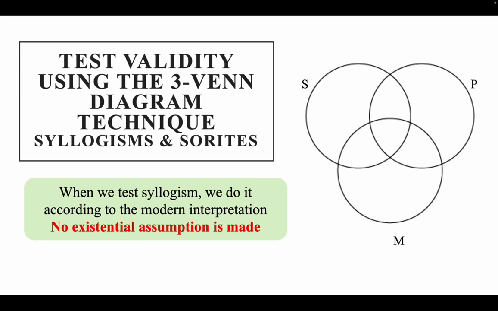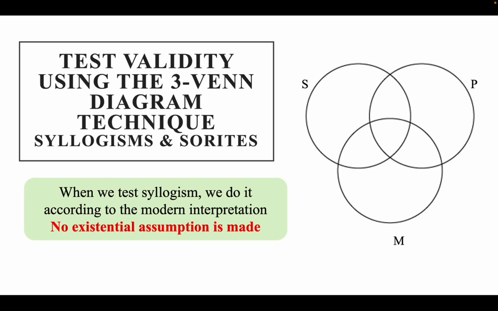But essentially, to tell you in one sentence, the difference between the modern and the traditional is that in the traditional interpretation, the universal statements, all S are P and no S are P, contain what is called an existential assumption.